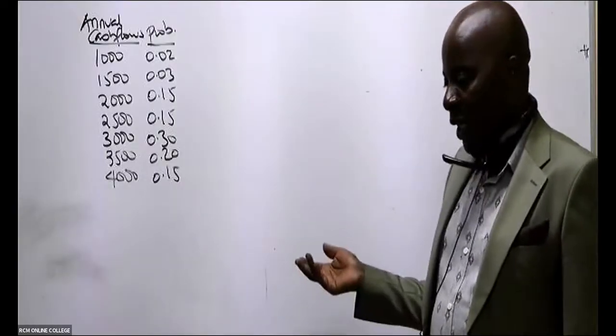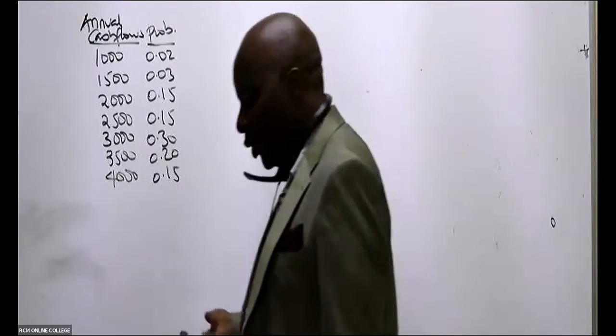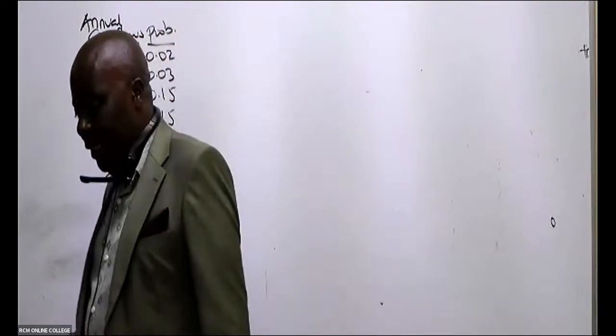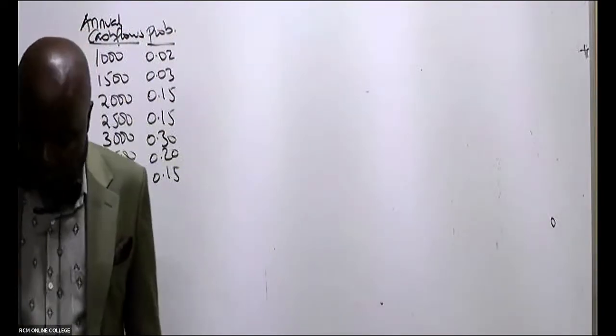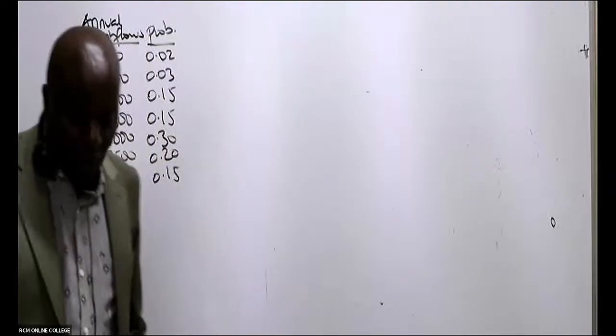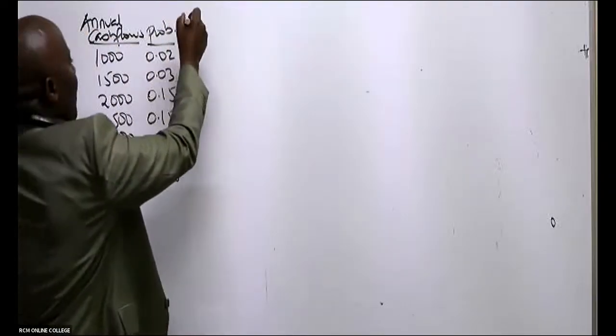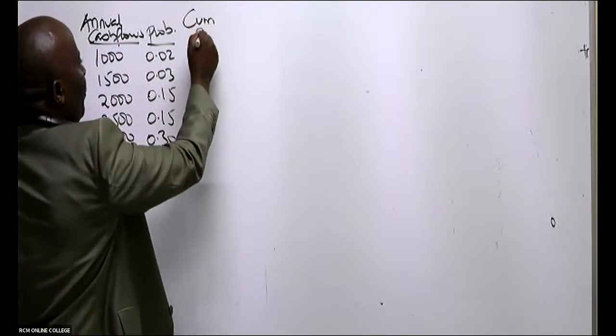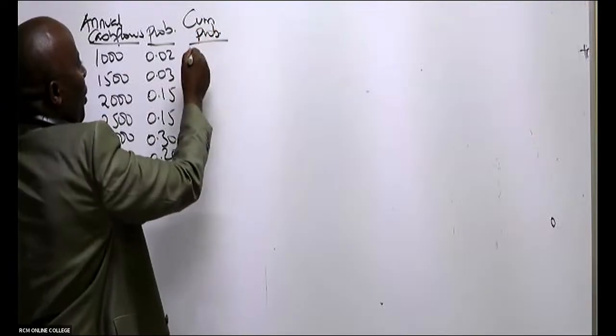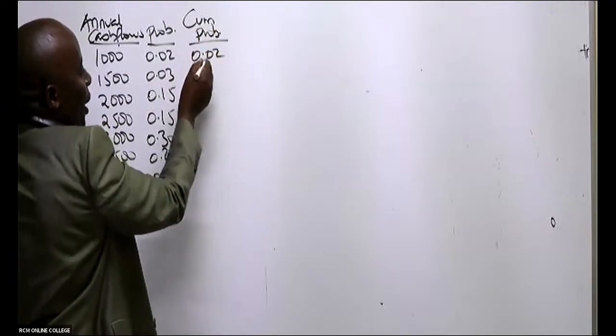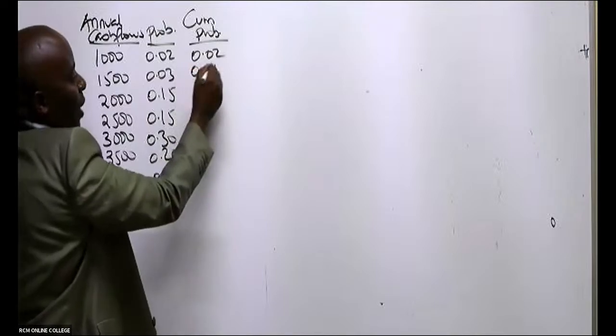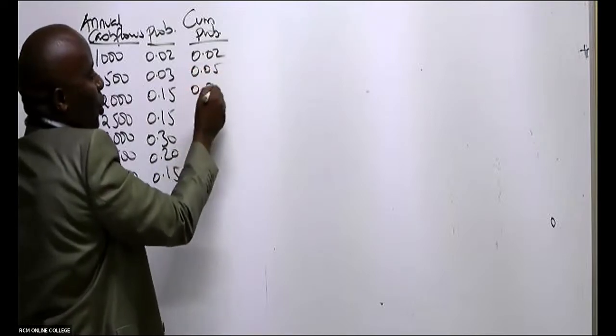So first of all, we get the cumulative probabilities. Go ahead and give me the cumulative probabilities. We have 0.02. If you add this one here, it is 0.05. So this will be 0.20.